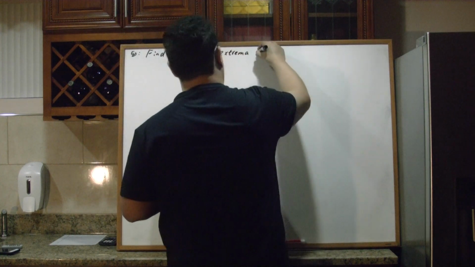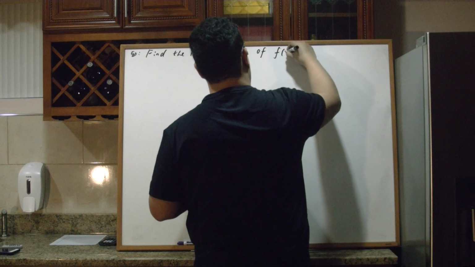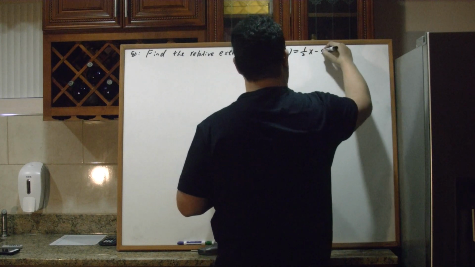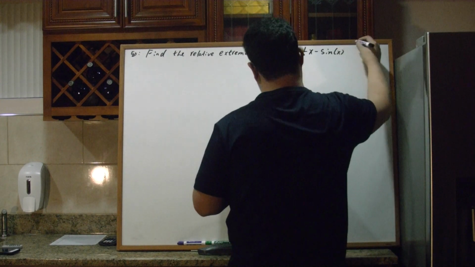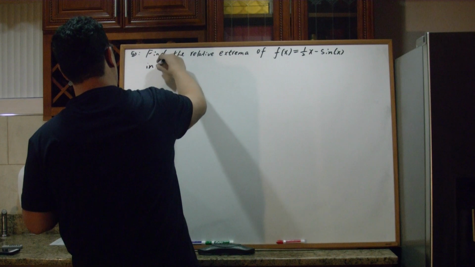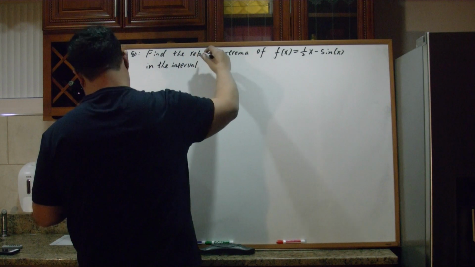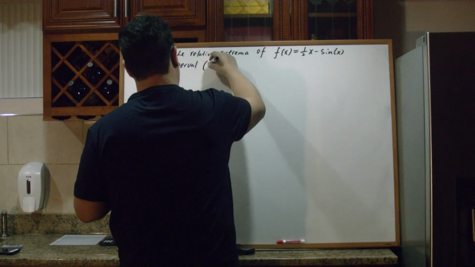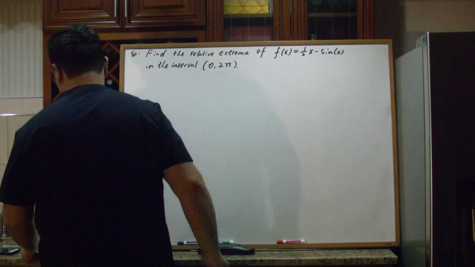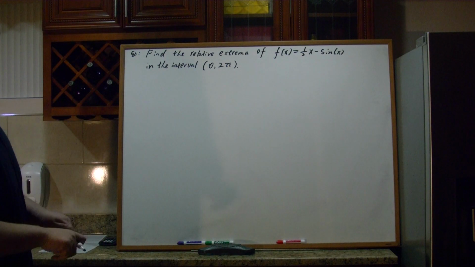If you have the unit circle, you can do the problem with no issue. f of x equals 1/2 x minus sine of x in the interval 0 to 2 pi. So from 0 to 2 pi, we're looking for the relative extrema.